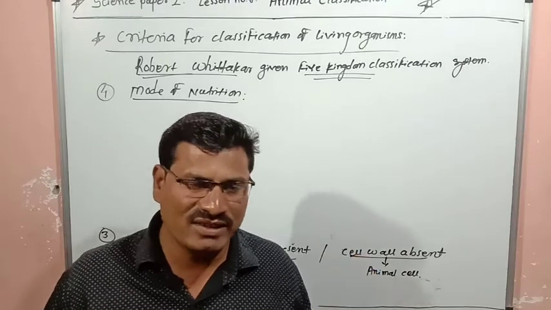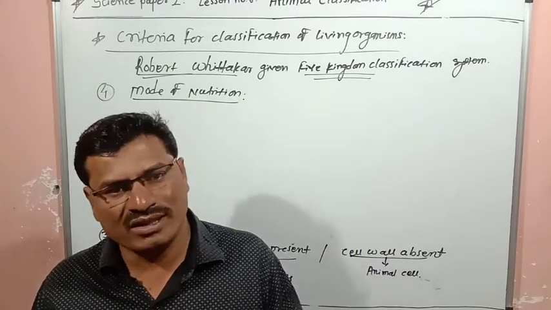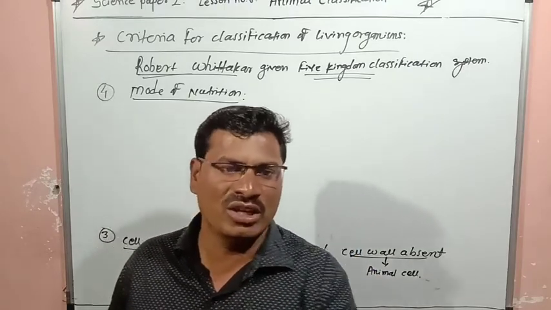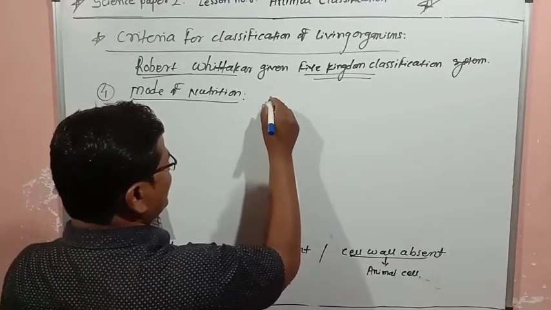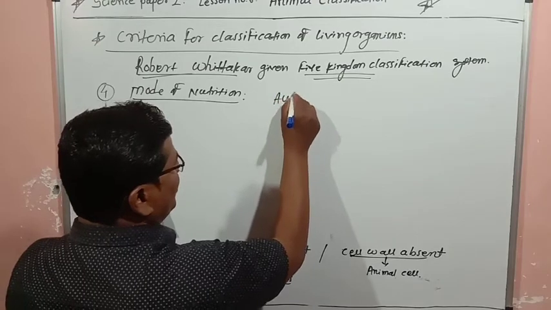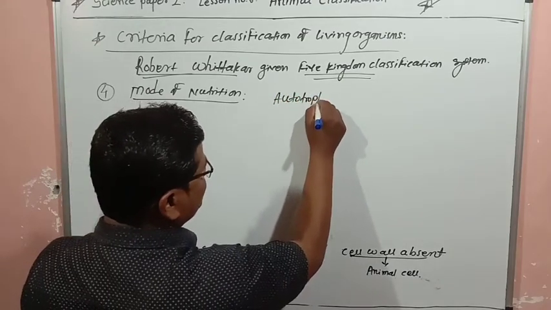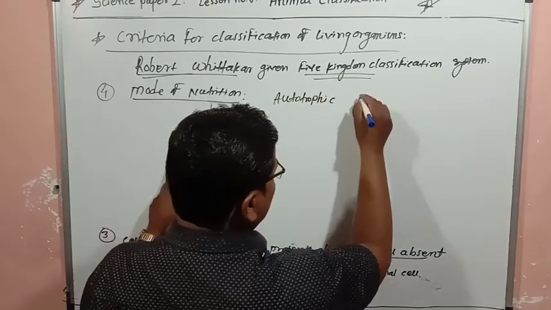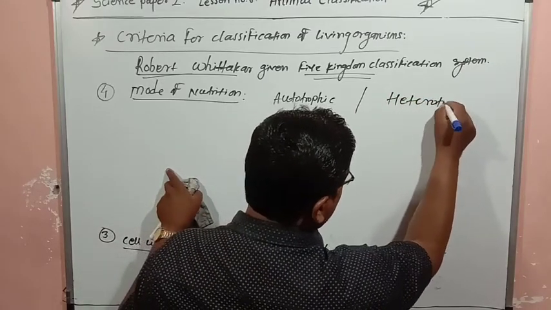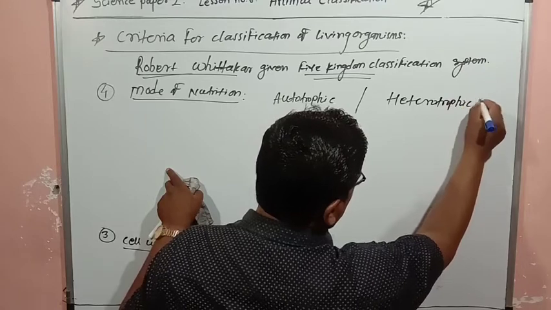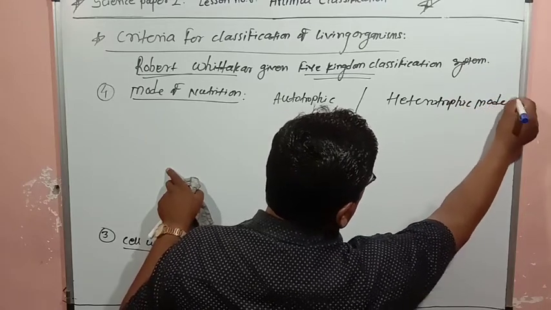Either they are synthesizing their own food, or they are dependent on other living organisms for food. So 2 modes of nutrition are there: first is autotrophic mode of nutrition, or it is heterotrophic mode of nutrition.